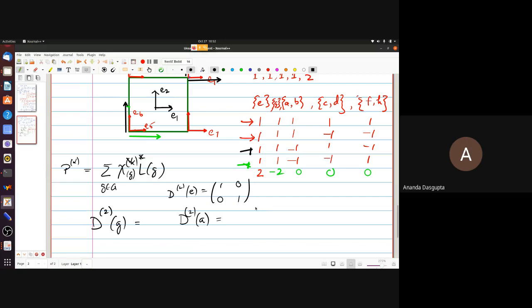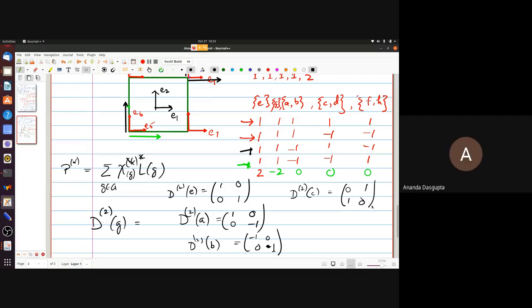What is E2A? Under A, what will happen? A is this reflection, right? E1 will stay E1. E2 will change sign. E2B. E1 will become minus E1. E2 will stay E2. E2C. E1 changes to E2, this reflection, right?